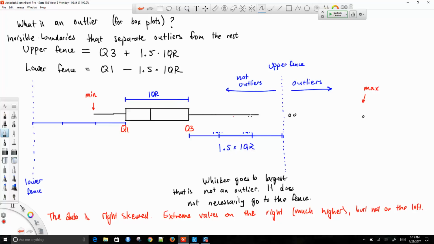Another indication that this would be right skewed is that the right whisker is longer than the left whisker. Okay, so right skewed would also mean the right side whisker is longer than the left whisker.